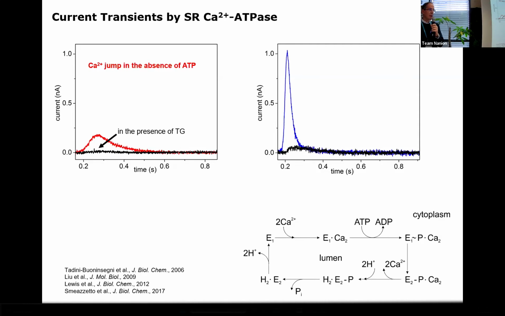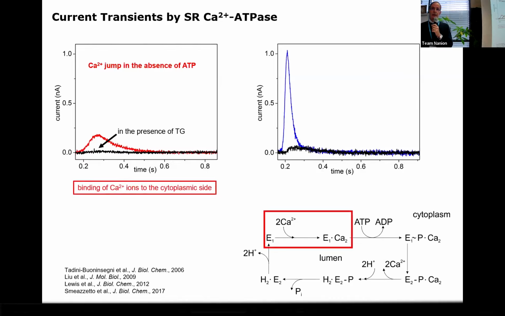So the inhibition experiment confirms that the measured current is actually related to SERCA activity. In particular, the observed current signal is associated with an electrogenic event in the SERCA catalytic cycle corresponding to binding of calcium ions to the cytoplasmic site.